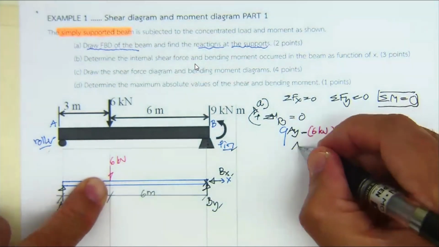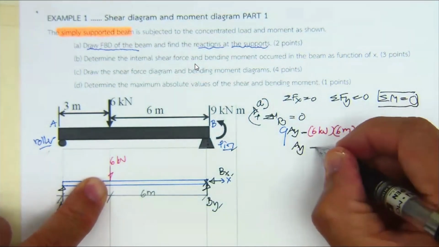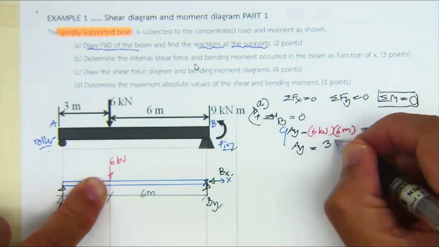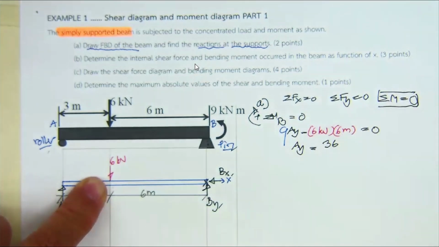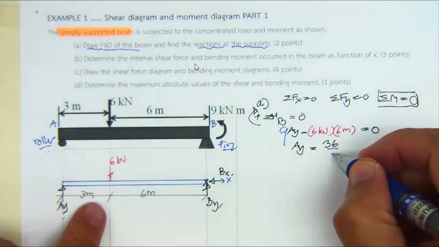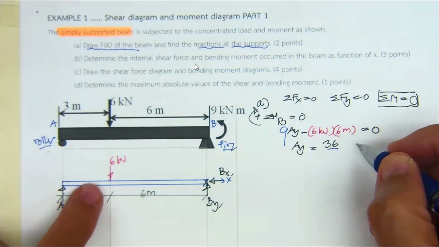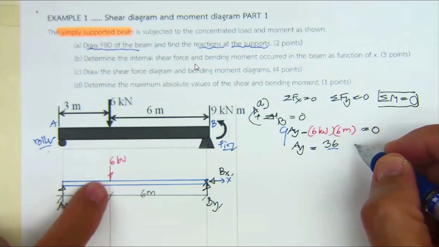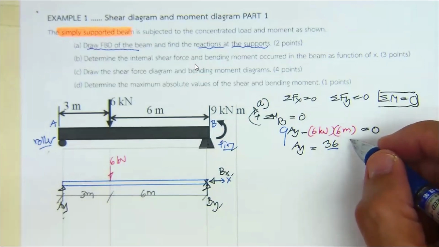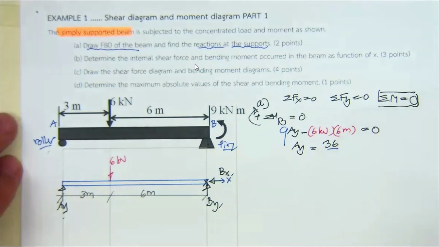You will have A sub y equal to 36 divided by 9. 6 times 6 is 36, right?